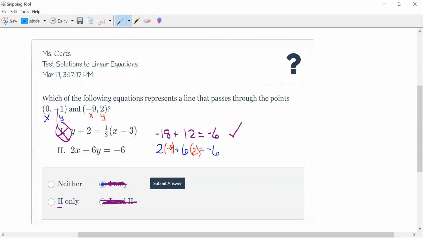So the first equation, we struck off just from testing the first point. The second one made it past the first point.